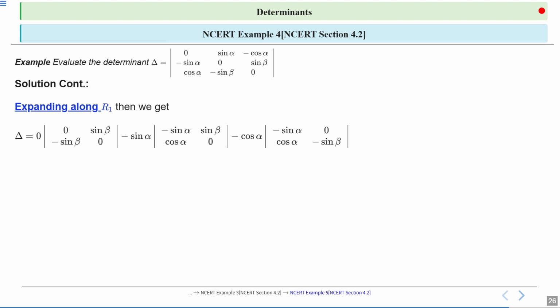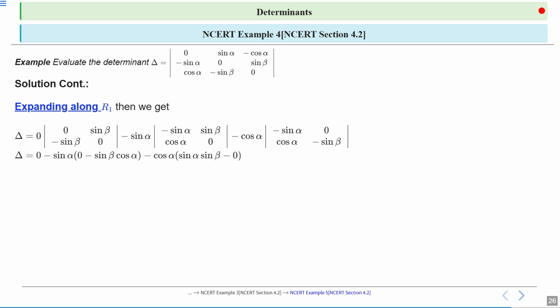For the second element, sin alpha, the indices are 1, 2. So 1 plus 2 is odd, so we get a minus sign here, minus sin alpha, and cancelling the second column and first row, we get the matrix minus sin alpha, sin beta, cos alpha, 0. For the third element, minus cos alpha, the determinant of minus sin alpha, 0, cos alpha, minus sin beta.